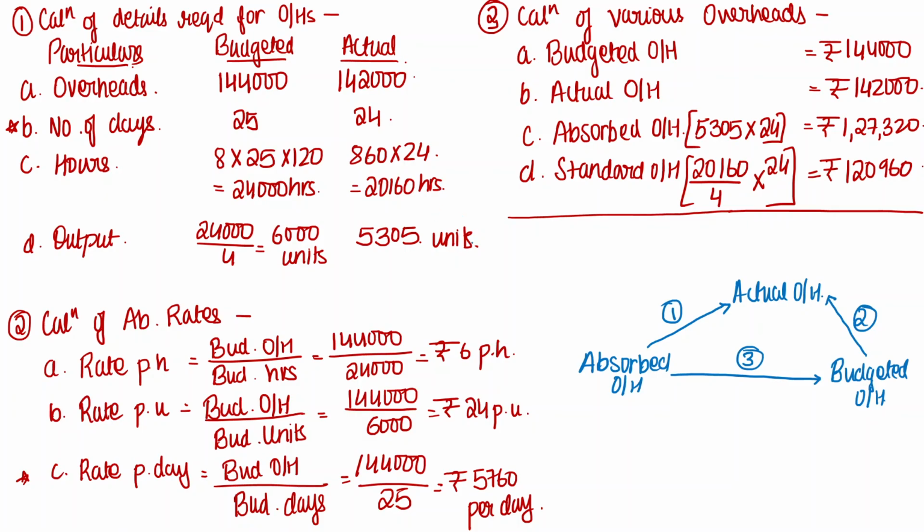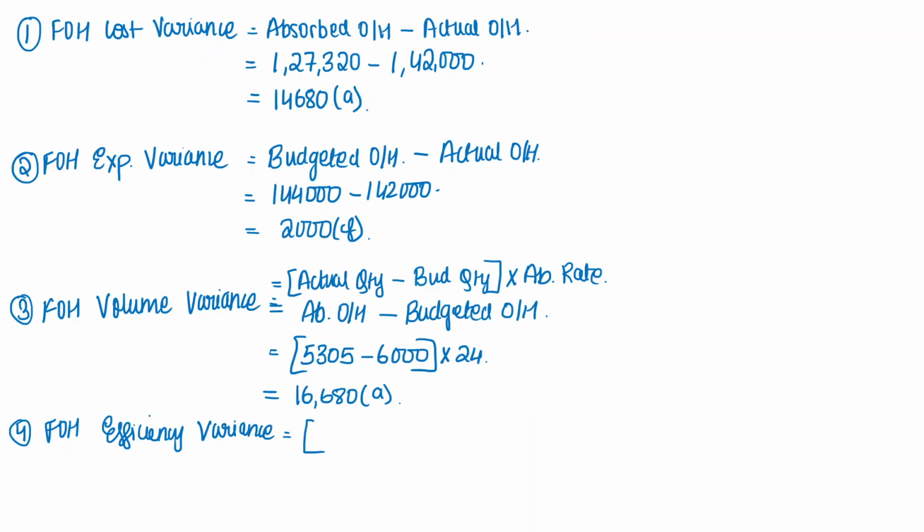You should have produced how many units in 20,160 hours? You should have produced 20,160 divided by 4. This should have been your efficient. If you would have been 100% efficient, you would have produced these many units. Yes or no?